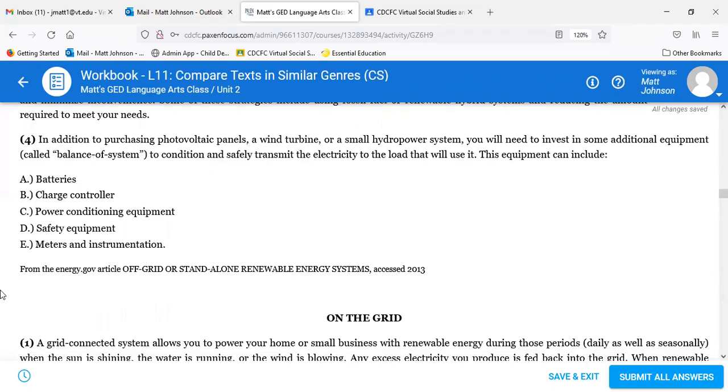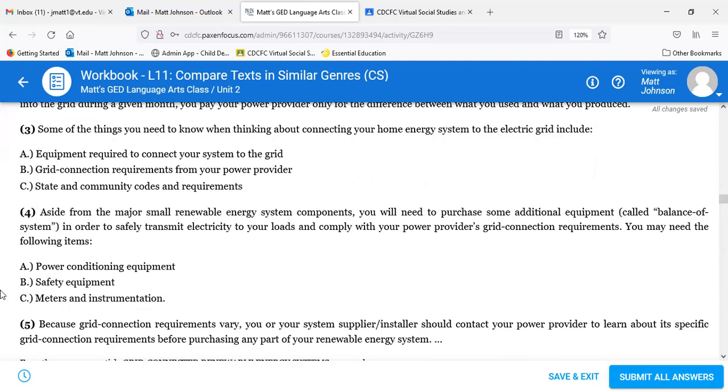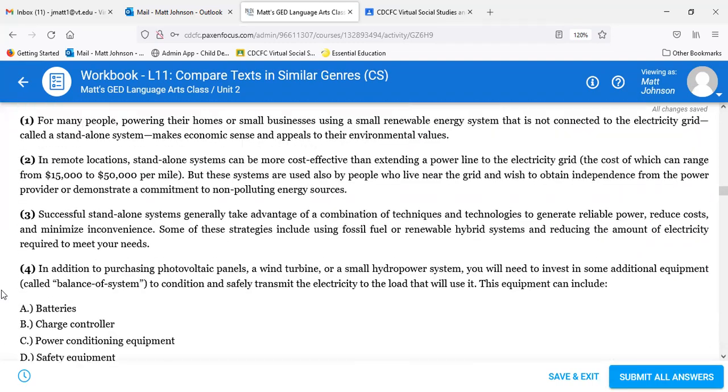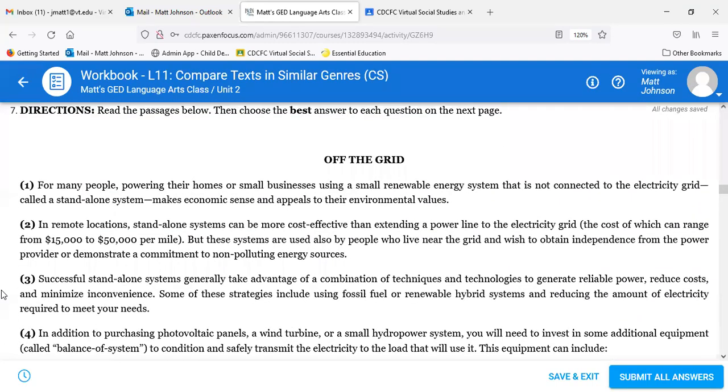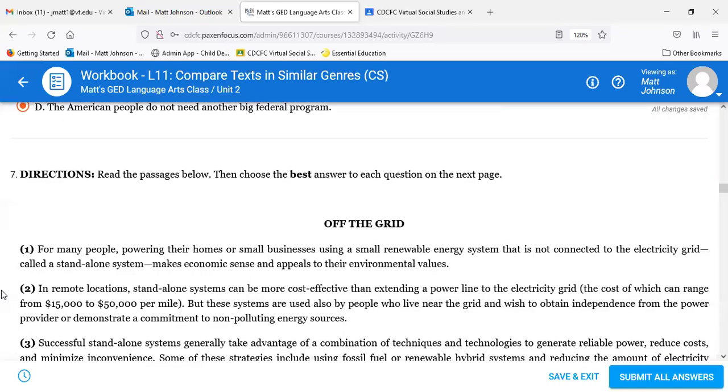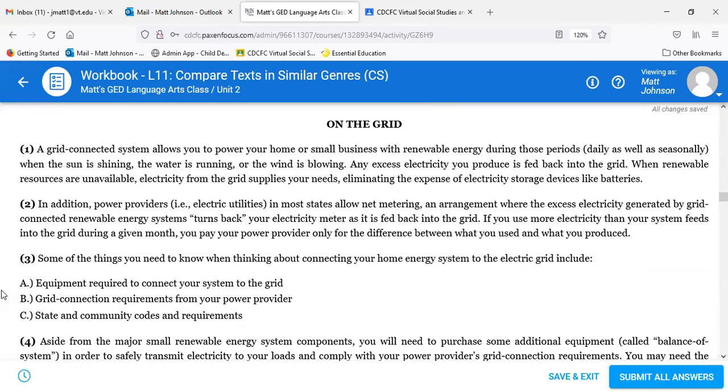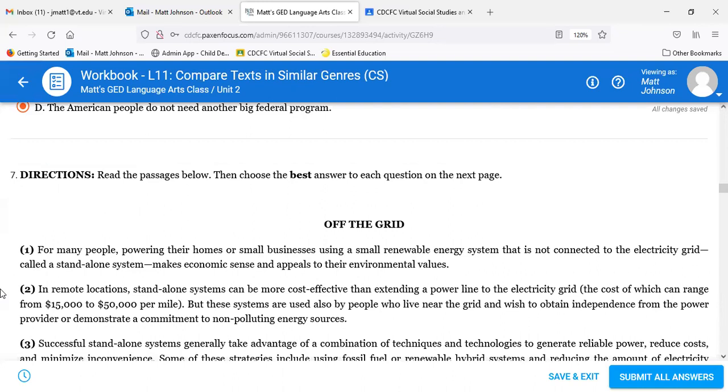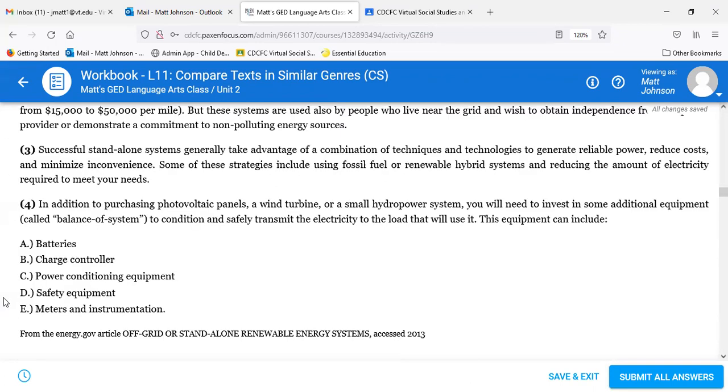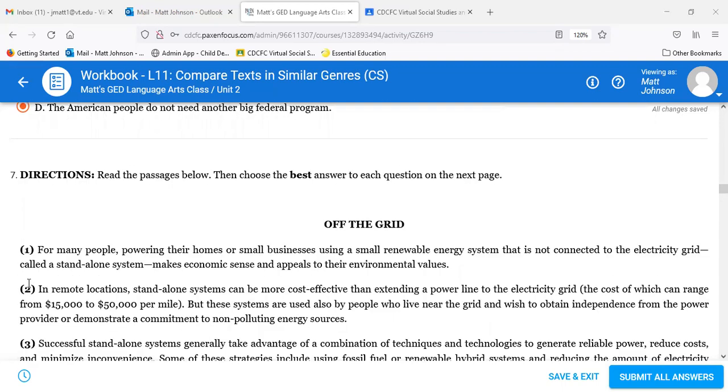Did we read both of those, or just one? I think we just read the one, didn't we? Yeah, we read on the grid. We didn't read off the grid. Okay, let me read that real quick. Those confused me because their format is really the same.